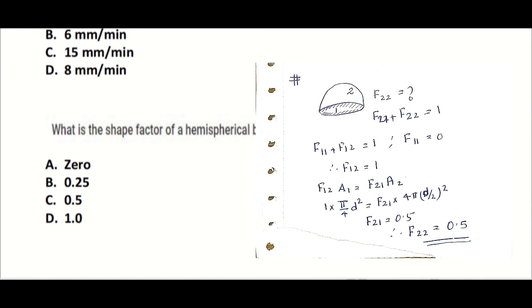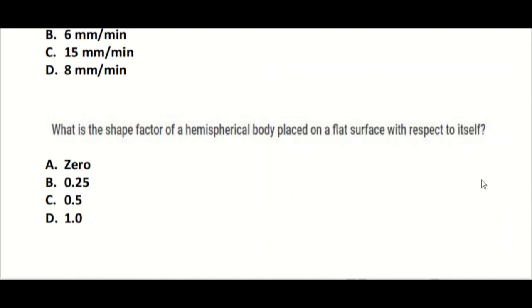From that also we can find the F21 value, which will be equal to 0.5. Substitute the F21 value into the first equation. From that we will get the shape factor of the hemispherical body with respect to itself, F22, equal to 1 minus 0.5, which will be equal to 0.5. The answer is C, 0.5.